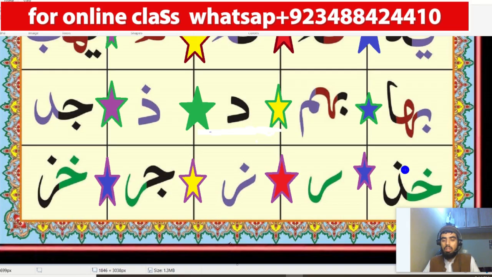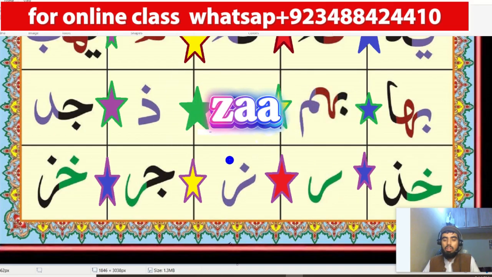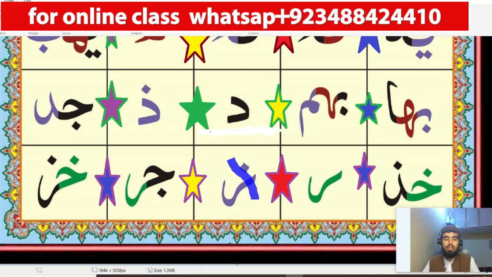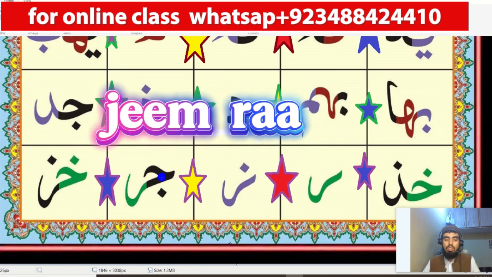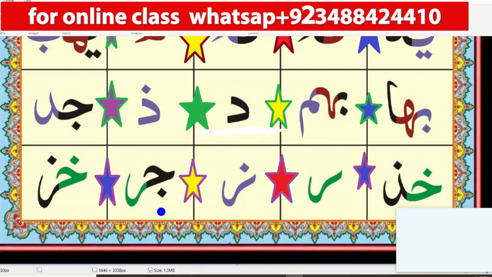After this ra, that is regular ra, that is za, that is regular za, and the ra letter without dot, and the za letter has one dot on the top. After this jim ra, the jim letter has one dot under the letter, but the ra letter without dot.